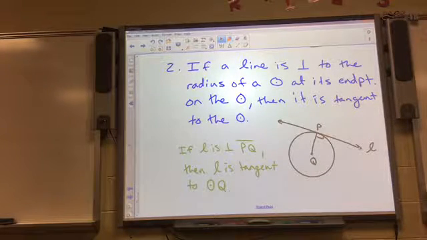So if it's tangent, it forms a right angle with the radius, right? And if it forms a right angle with the radius, then it must be tangent, right? Okay, just converse of each other.